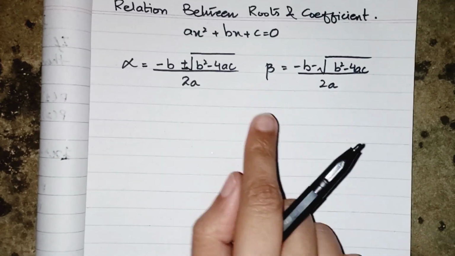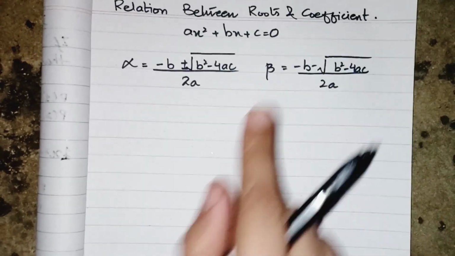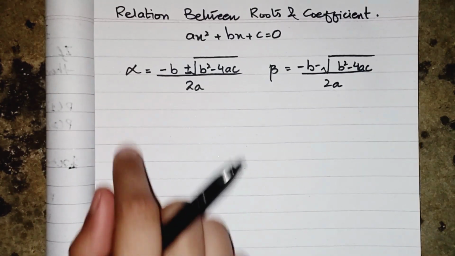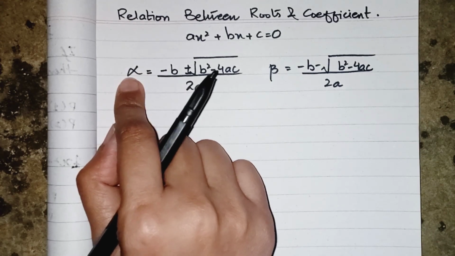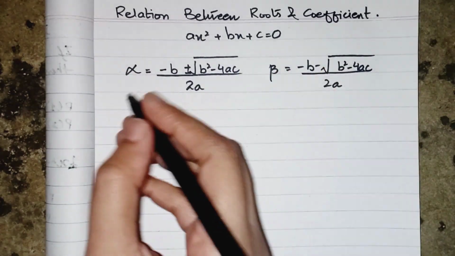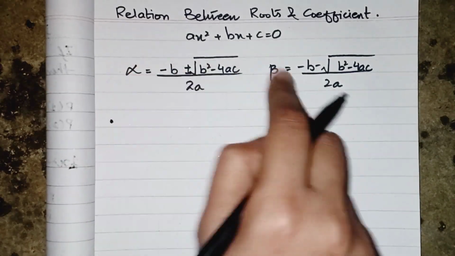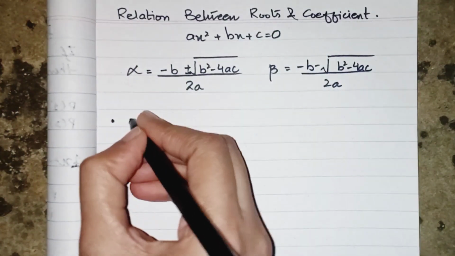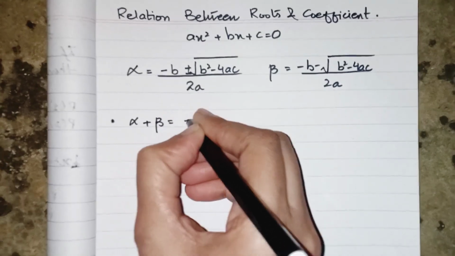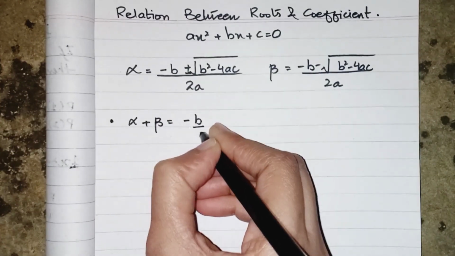Whatever we get, the answer is known as the roots of the quadratic equation. Now we have to focus that one answer is known as alpha and the other answer is known as beta. So we have to remember that if we add both of them, alpha plus beta is equal to minus b upon a.